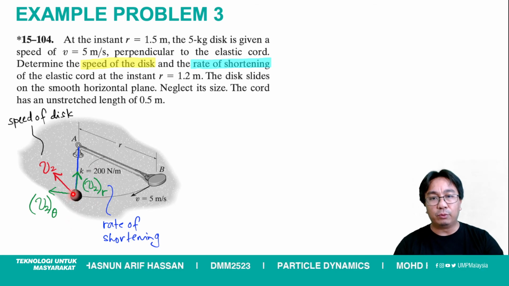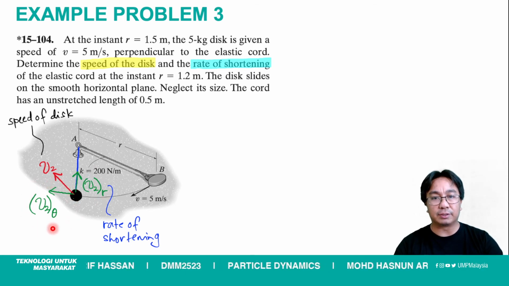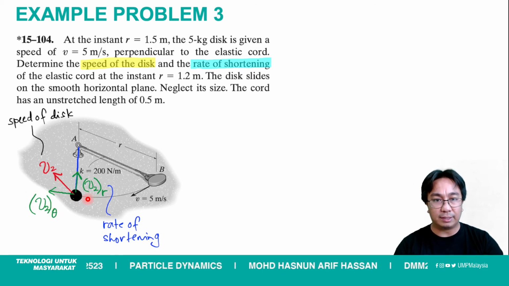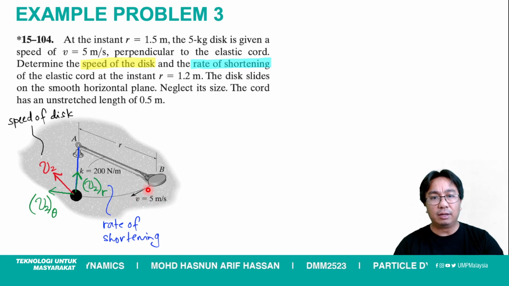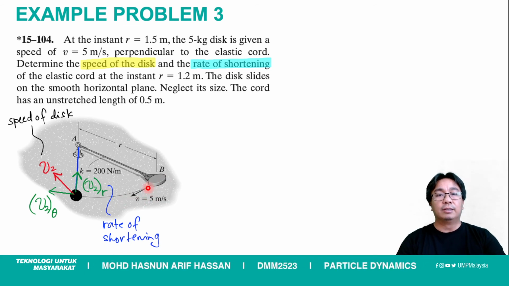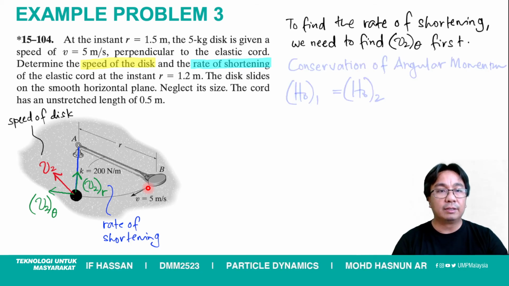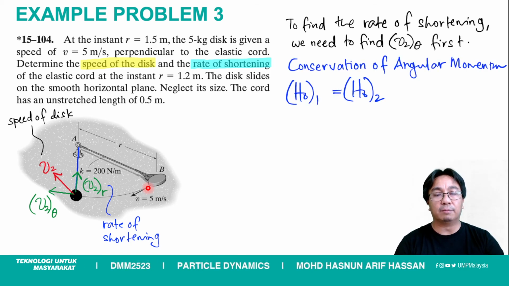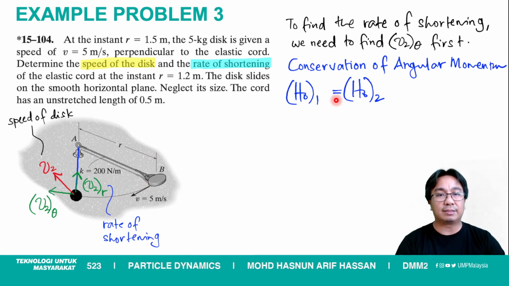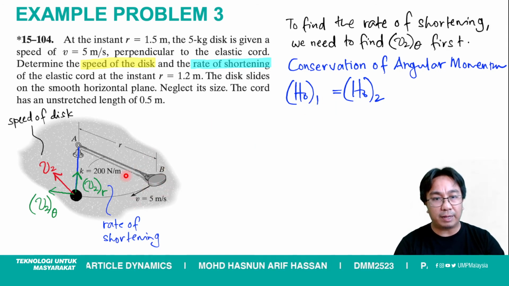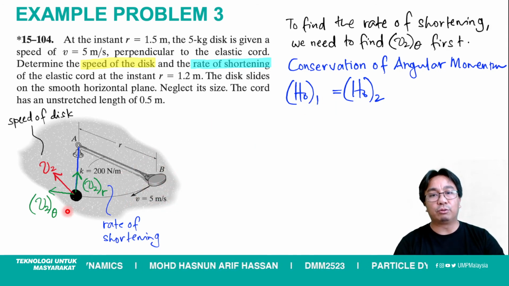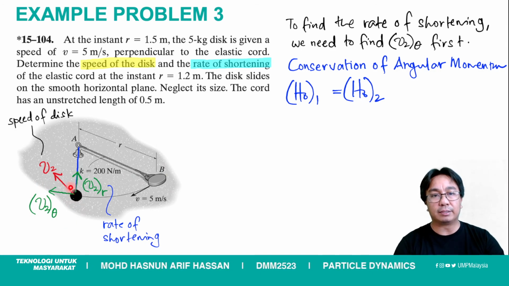What we can do is find the transverse component first, because it is in the same axis as the initial velocity of the disk. So we can now use the conservation of angular momentum, which states that the initial angular momentum at this point is equal to the final angular momentum at this point.